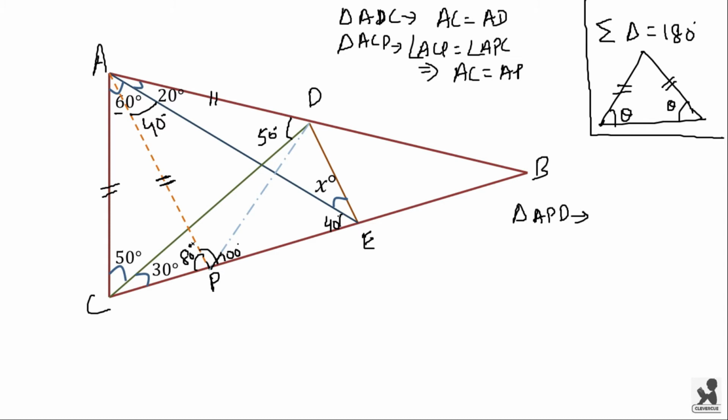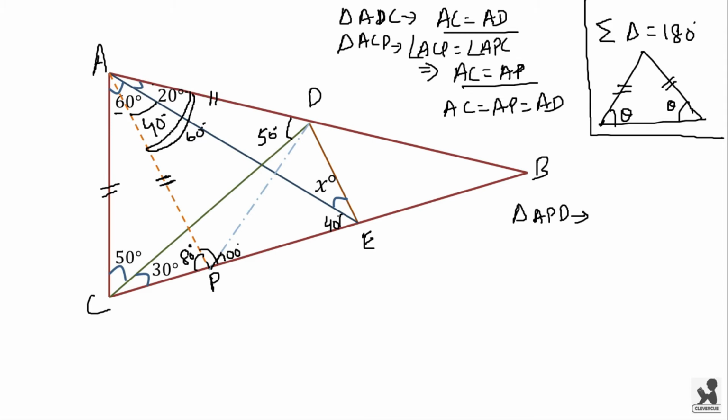Angle PAD is equal to 60 degrees. So this complete angle is 60 degrees. And now we know that AP is equal to AD. From here, AC is equal to AD and AC is equal to AP. So AC will be equal to AP equal to AD.